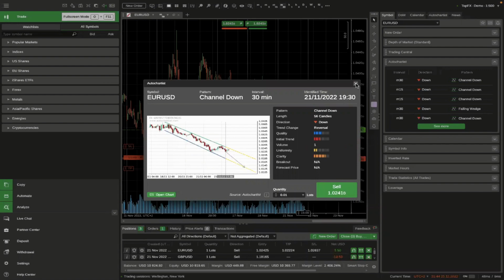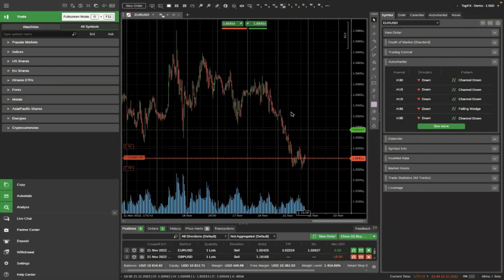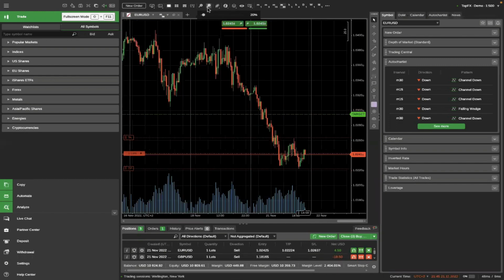So if you want, you can of course help yourself by drawing these kinds of lines on the chart, and then you will be able to see what is going on more precisely. So you can adjust your take profit, or you can adjust your stop loss levels.